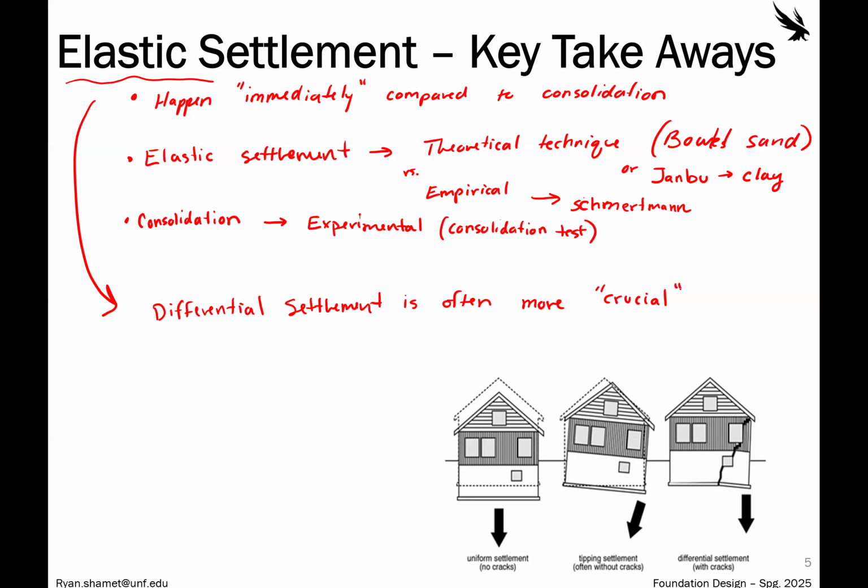So oftentimes what we're looking for is this differential settlement or max acceptable settlement that's shown by this sigma or this beta. And this is calculated by the change in deformation by the length.